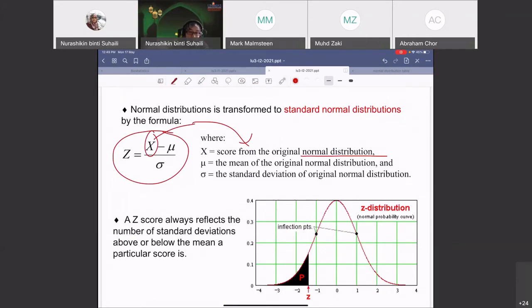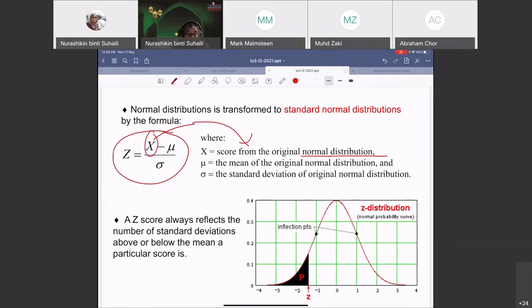We want to use the Z table. Because it's under standard distribution, we need to use the table. That's why we need to transform any normal distribution into Z distribution by converting the X value to a Z value. Only then can you use the Z table.